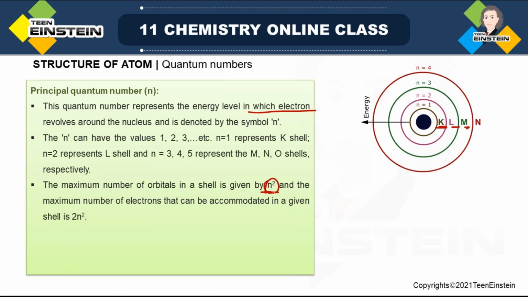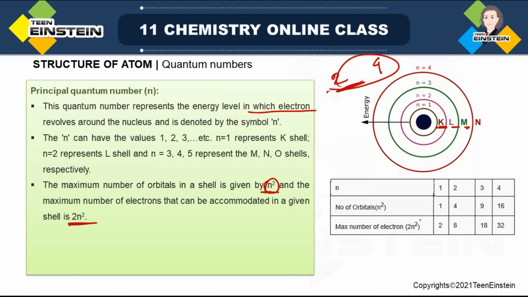And in each orbital, a maximum of 2 electrons can be placed. That is why the maximum number of electrons that you can accommodate in a particular shell is 2n square, simply double of n square. Because if the number of orbitals is 2, obviously the number of electrons you can place is 4. It is always 2n square.